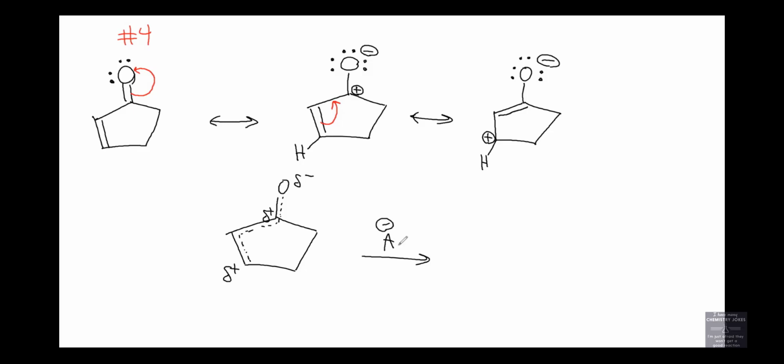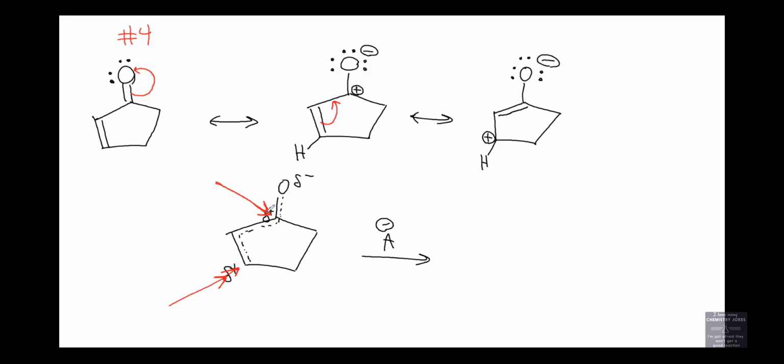If we react something that has a negative charge with this molecule, where is that negative species going to react? It is definitely going to react either here at that carbon or here at that carbon. It won't react at any of these other carbons that don't have partial positives.